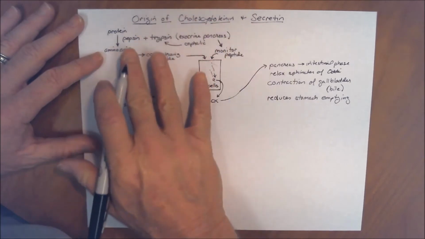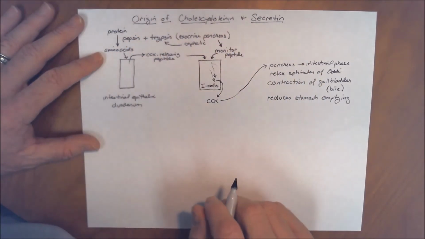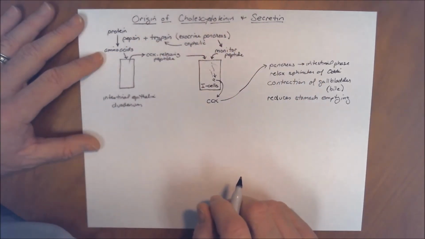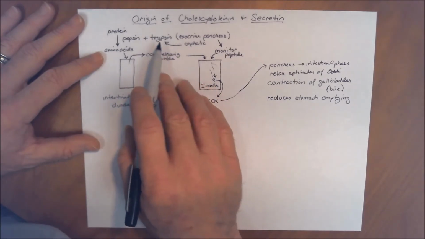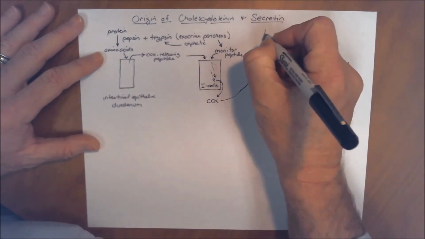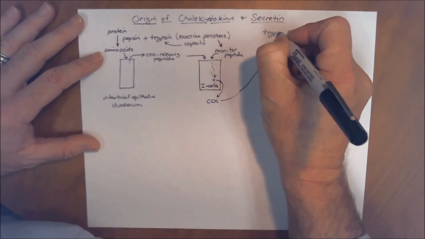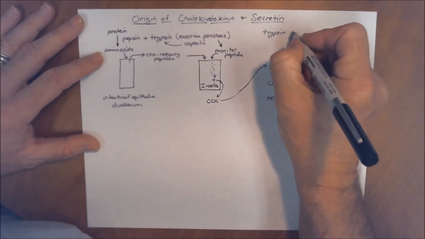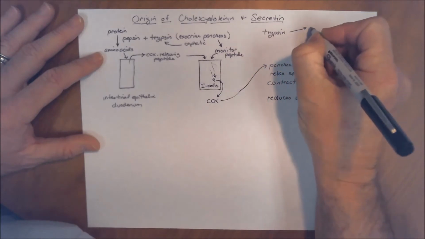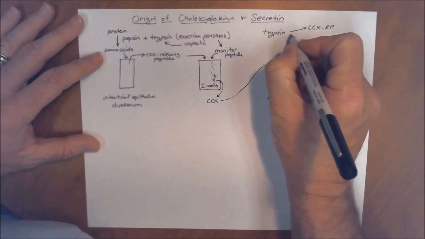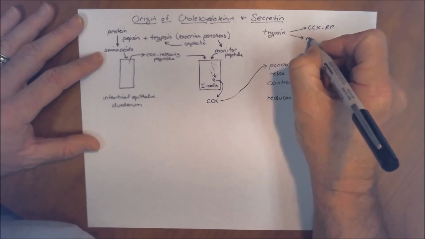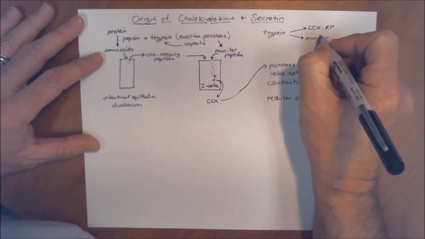Now, the regulation of this process is self-regulating. Recall that we have trypsin here. The trypsin can digest both CCK releasing peptide and monitor peptide.